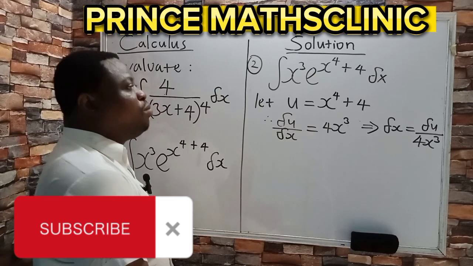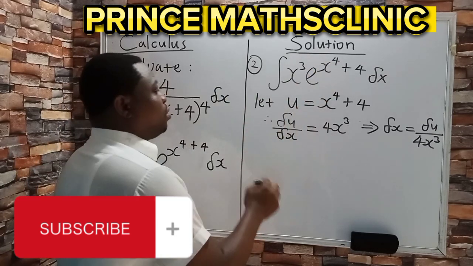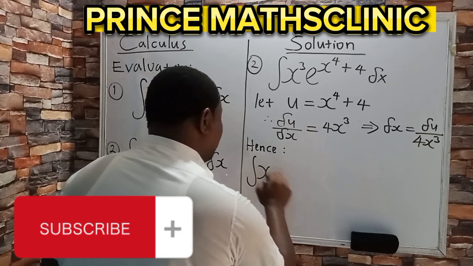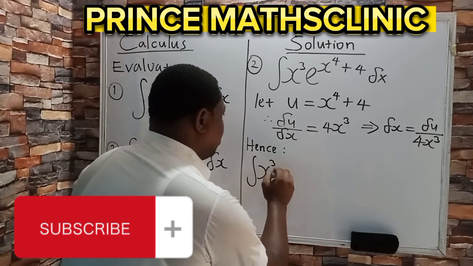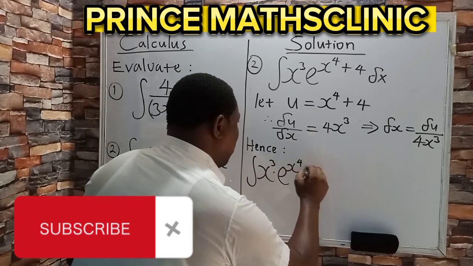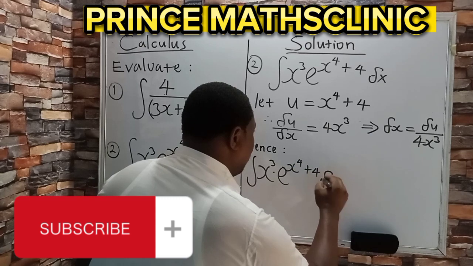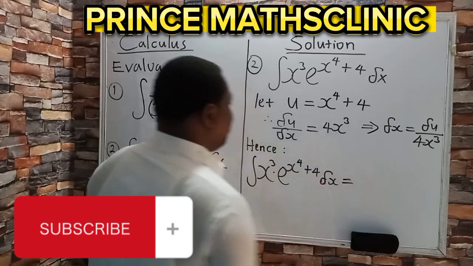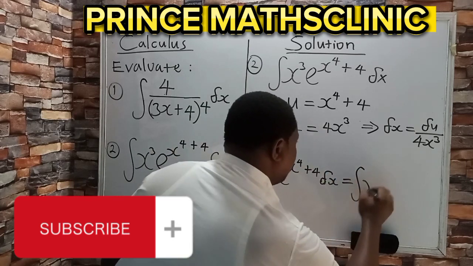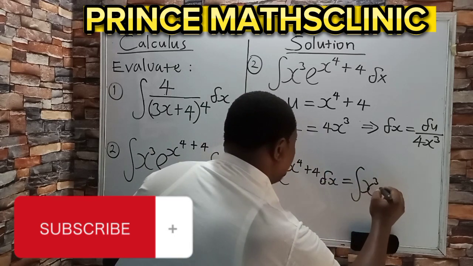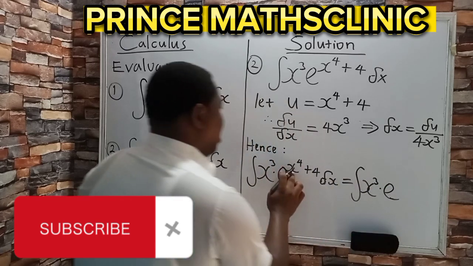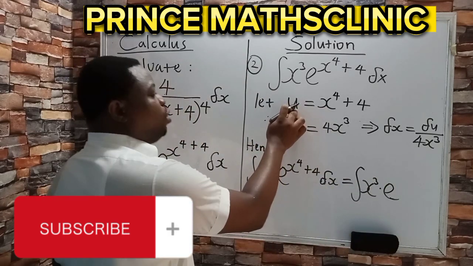So now we can substitute back into the question. Hence, the integral of x to the power of 3 times e to the power of x to the power of 4 plus 4 dx will now become x cubed, then multiplied by e to the power of u, since everything here has been called u.